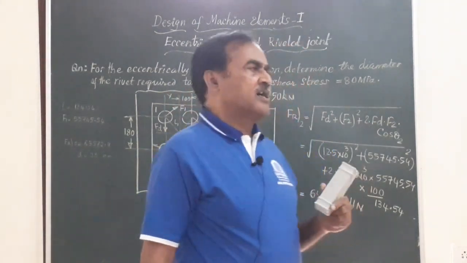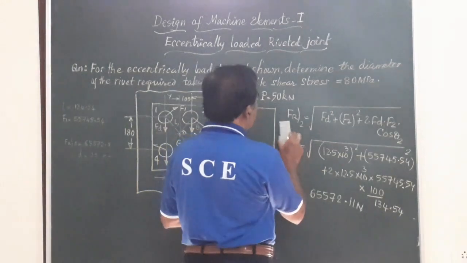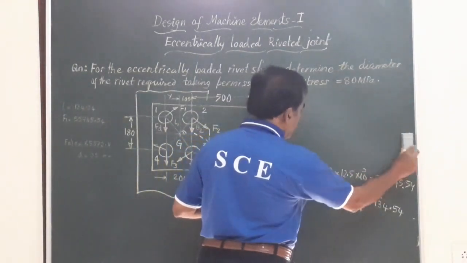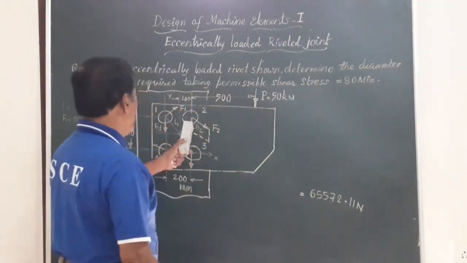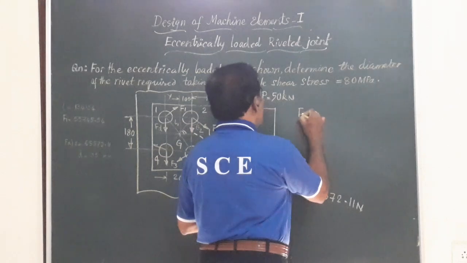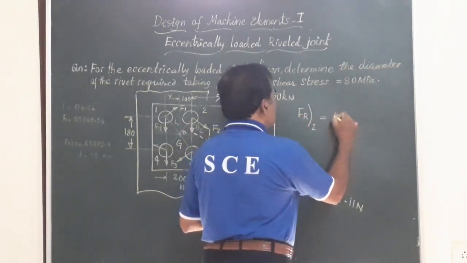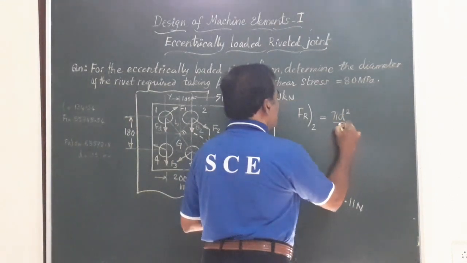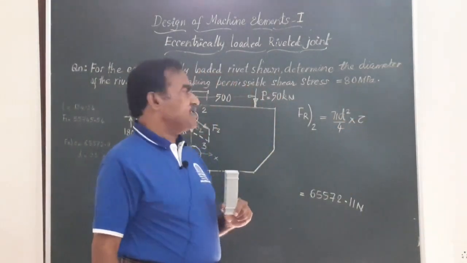Friends, if you observe rivet number 1 and 2, rivet number 2 is heavily loaded, or critically loaded, and we are going to find the diameter of the rivet required based on this resultant load at rivet number 2. Hence I am going to equate FR2, the resultant load, to pi d square by 4 into tau, the shear resistance of the rivet.